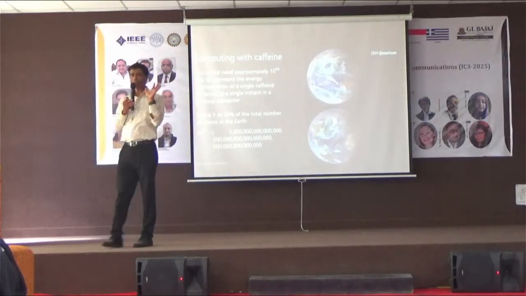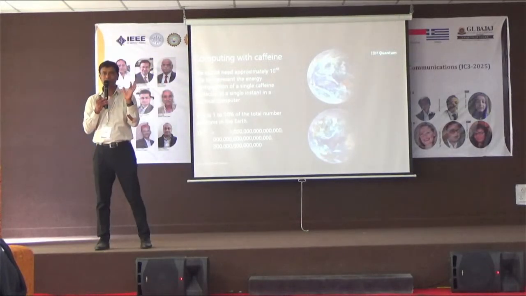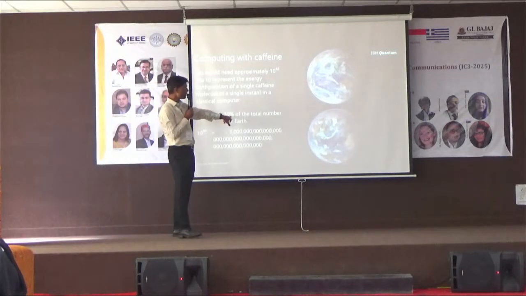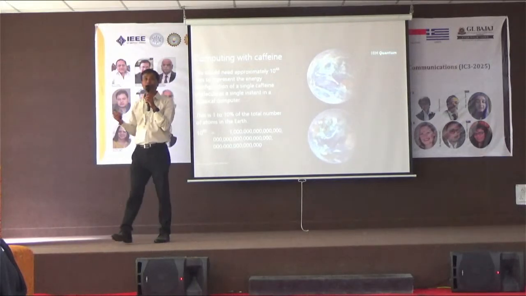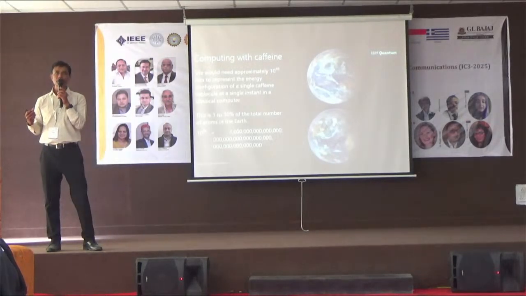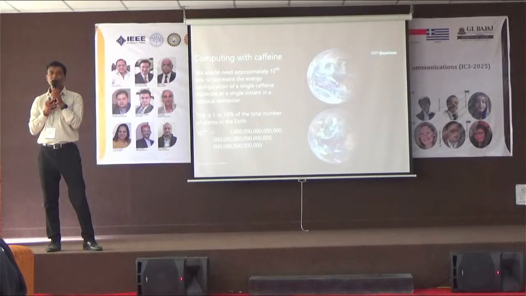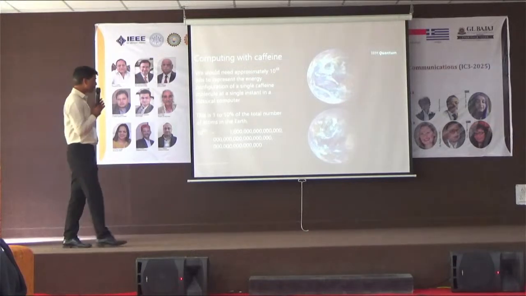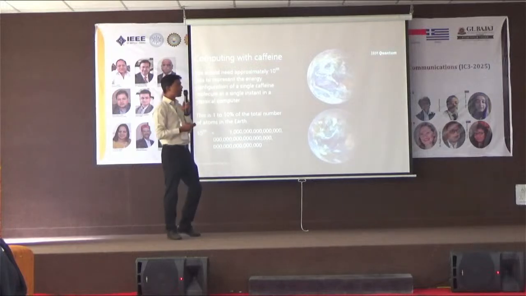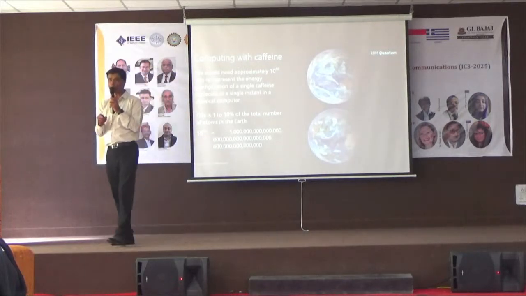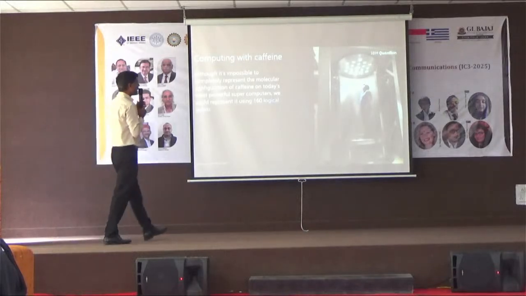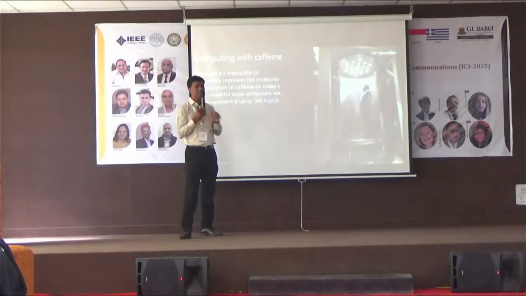Do we have a supercomputer that big? We don't. Are we ever going to build one that big? That's equal to 10% of the number of atoms on Earth. Are we ever going to build a supercomputer that big? Very unlikely, right? And that's where the quantum computer comes in. Instead of requiring 10 to the power 48 bits to model caffeine, all you require are 160 qubits.